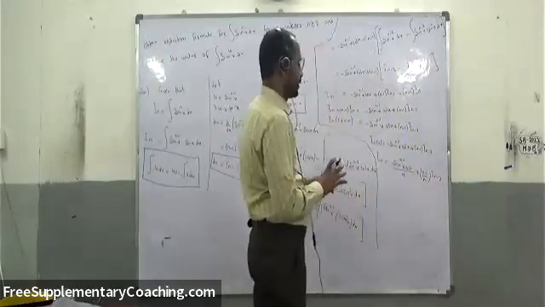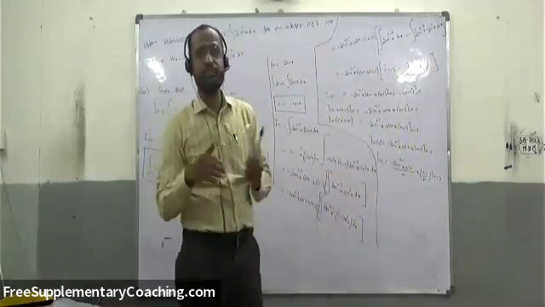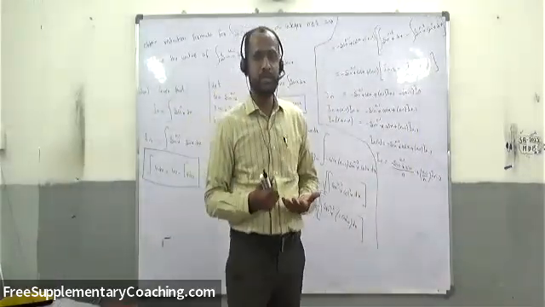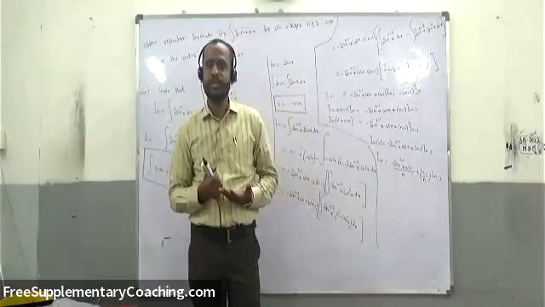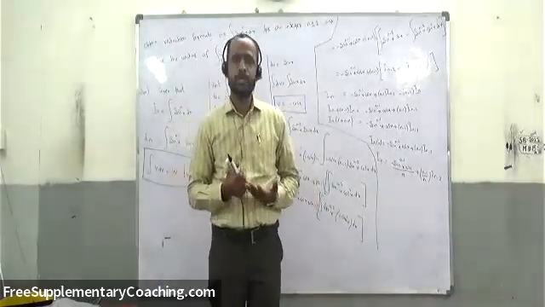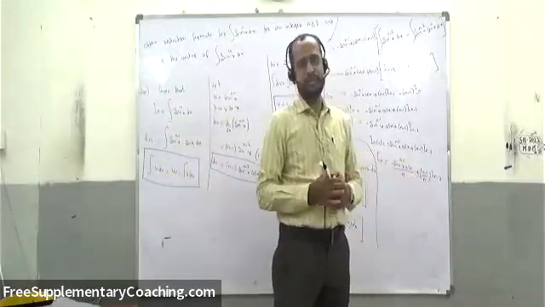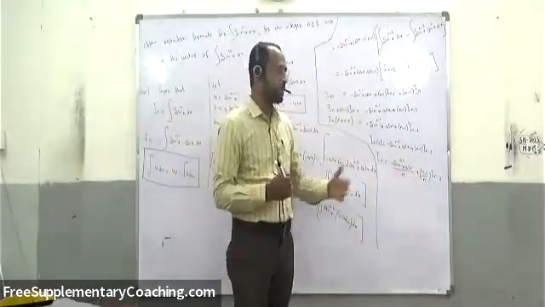This is the reduction formula for integration of sine power n x dx. So finally what we have got: minus sine power n minus 1 x into cos x divided by n plus n minus 1 by n In minus 2. That is called the reduction formula.